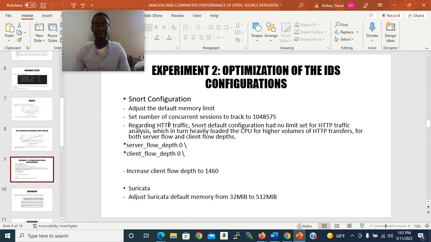But after the memory was adjusted, there was no further improvement. So it didn't really matter much.